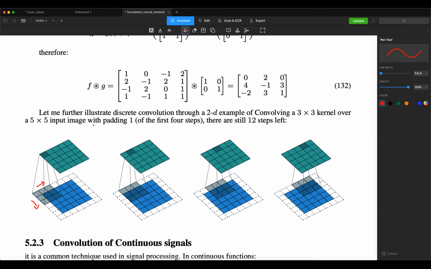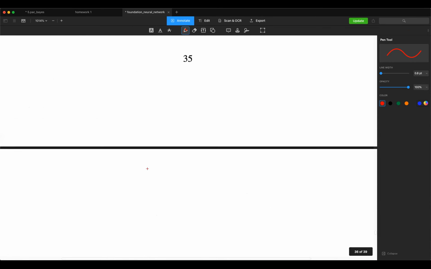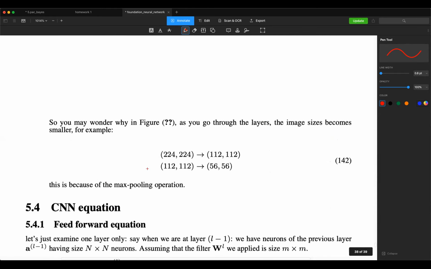When you take the derivative with respect to this W, your derivative is equal to this.